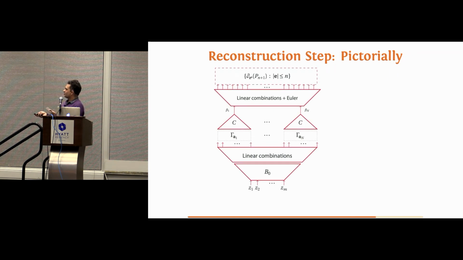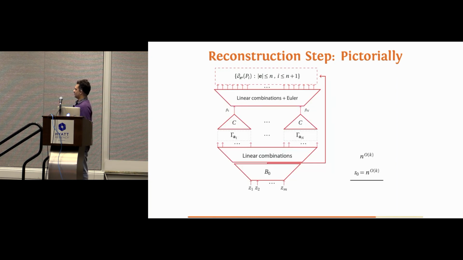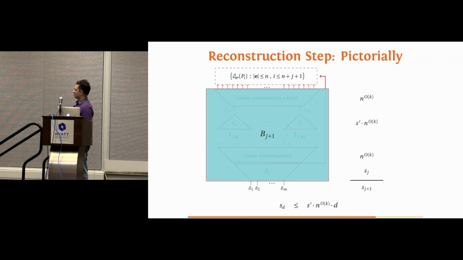At this point, you do some border trick and get rid of all the higher order junk, and you don't pay much in the size at all. Effectively, this is going to be the new circuit, and you rinse and repeat. All the parameters work out, and you eventually get that in order to recover all d parts, you will roughly end up spending this much amount of time.